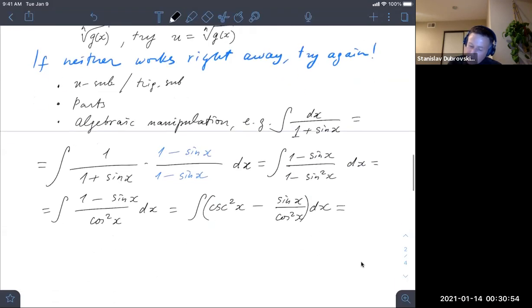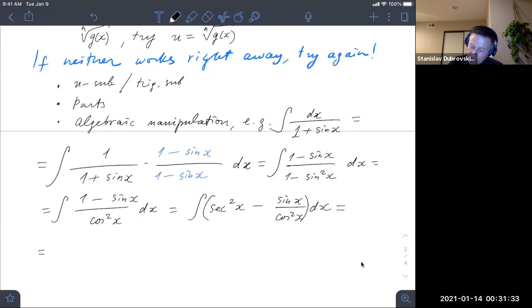And if you split it into two, then the first integral is the standard one, isn't it? So derivative of tangent is secant squared, so this is secant squared x.